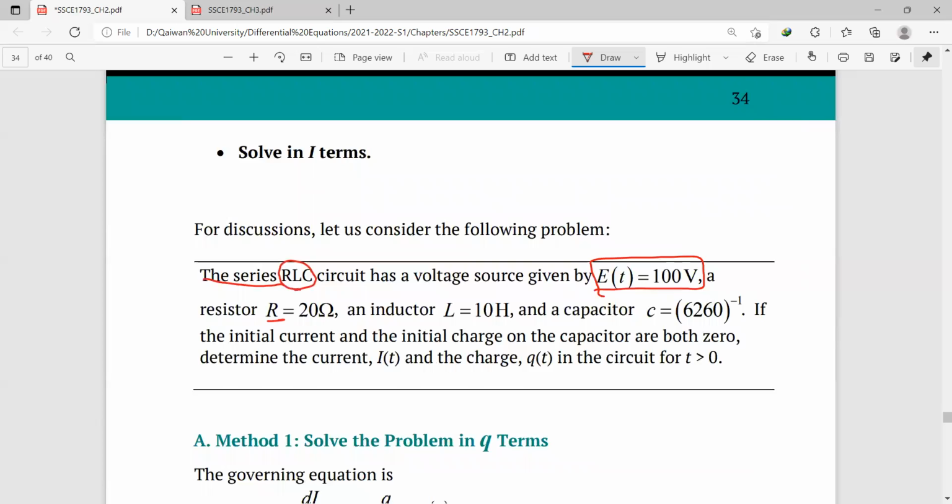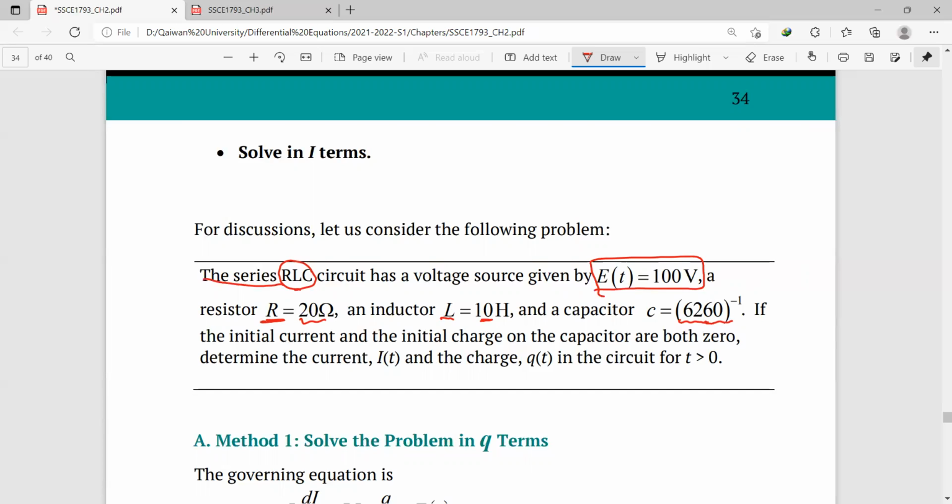A resistor R is 20. Inductor L is 10. Capacitor C is 6,260 to the power -1.